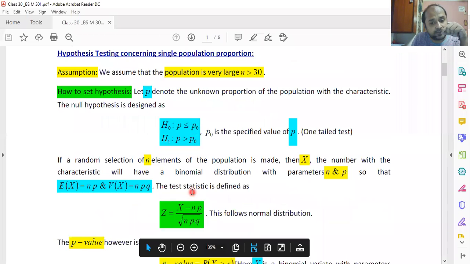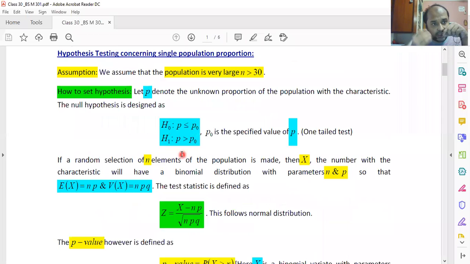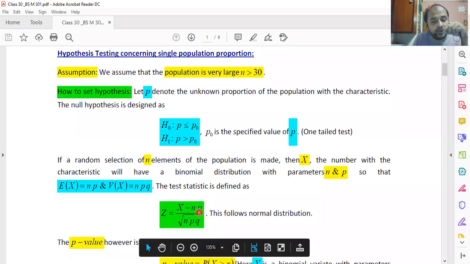So this particular formula Z is being tested under the assumption of the null hypothesis. Okay, so it is the rule. So if you do not include the equality sign over here, if you don't say that P can be equal to P0, then you will not be able to substitute the value of P in this particular formula. And therefore, the null hypothesis always includes the equality sign.